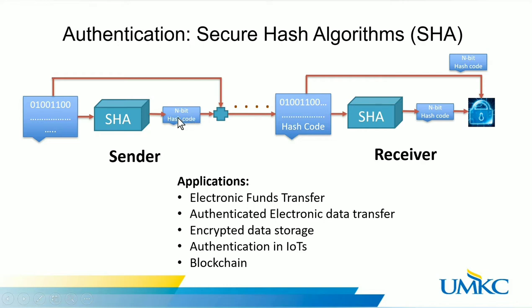This hash code will be appended to the message, and the message will be sent to the receiver. At the receiver end, we strip this hash code and send the message through this SHA block, which will again generate a hash code. We also take the hash code from the message and compare both of these hash codes. If they both match, that means we have authenticated the origin of this message as the correct one.